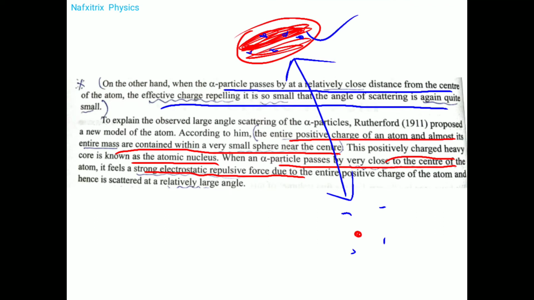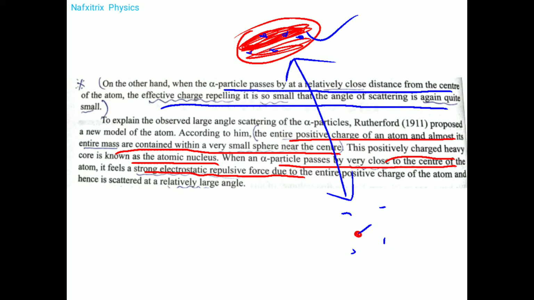So here the positive charge is a sea and electrons are embedded there, but here the nucleus is exactly present in the middle. The entire positive charge is concentrated at the center, and only the electrons remain at the outer layer. So here the positive charge and electrons are separate. There is a large distance between them both.